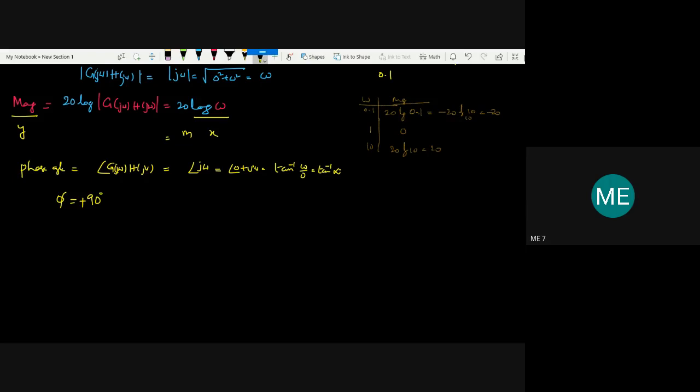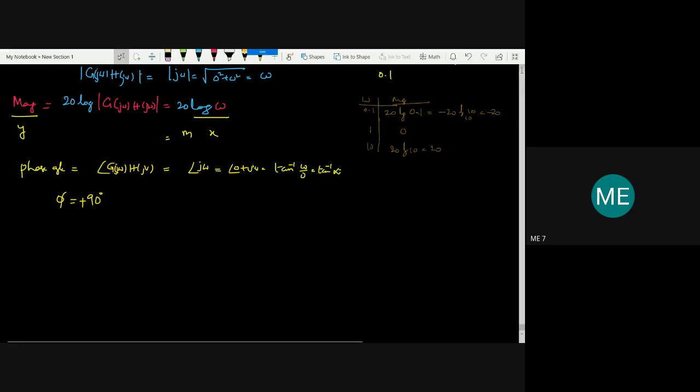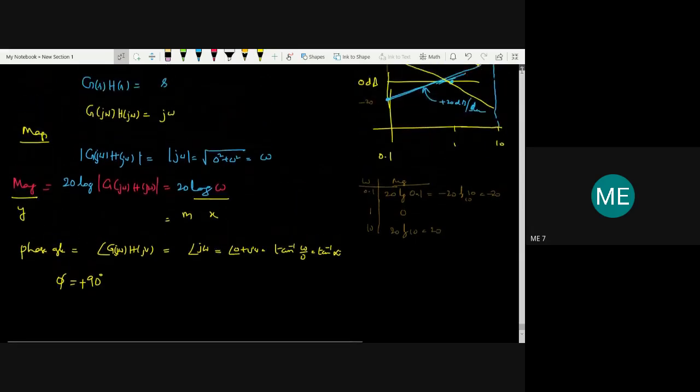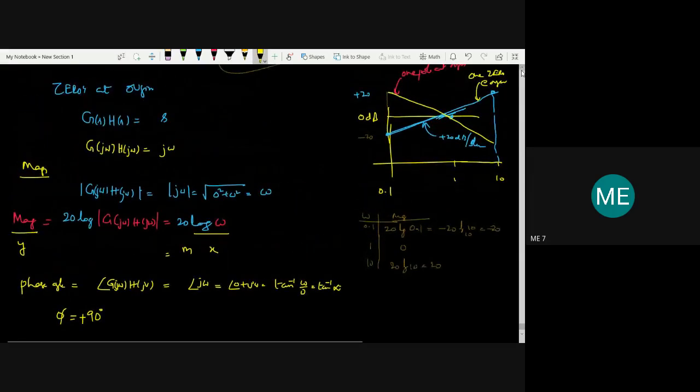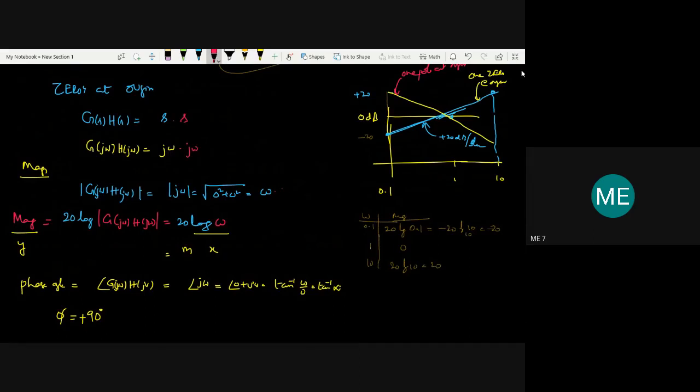Suppose, for example, I have 2 zeros at origin, in the sense this is going to be S into S. Then this is going to be j omega squared, which is omega squared, and this will become 40 log omega. It means the slope of the line is increasing.